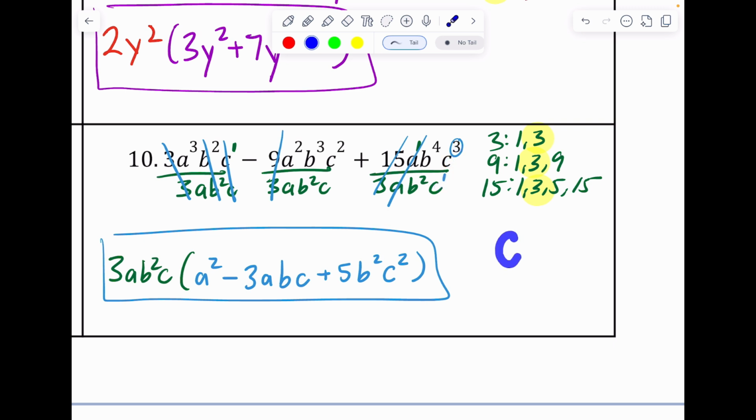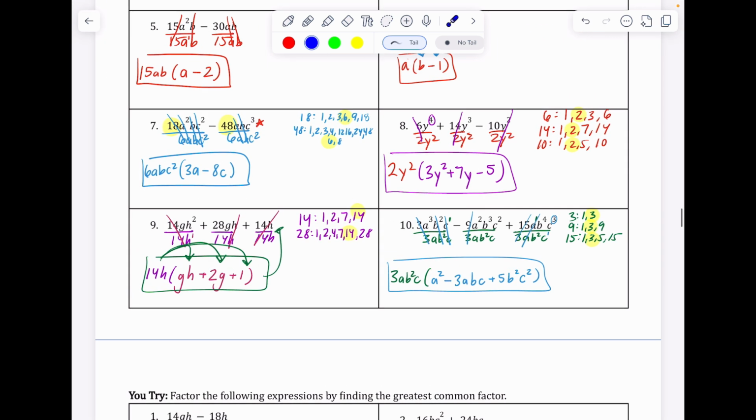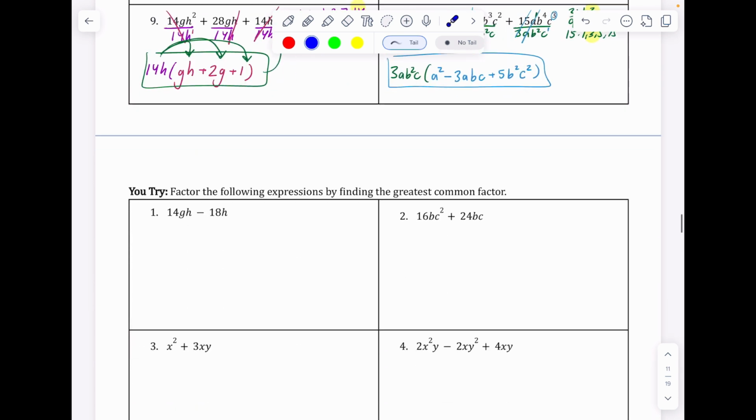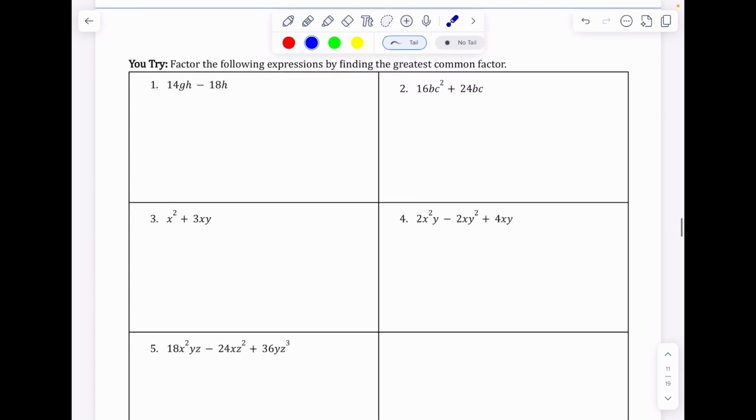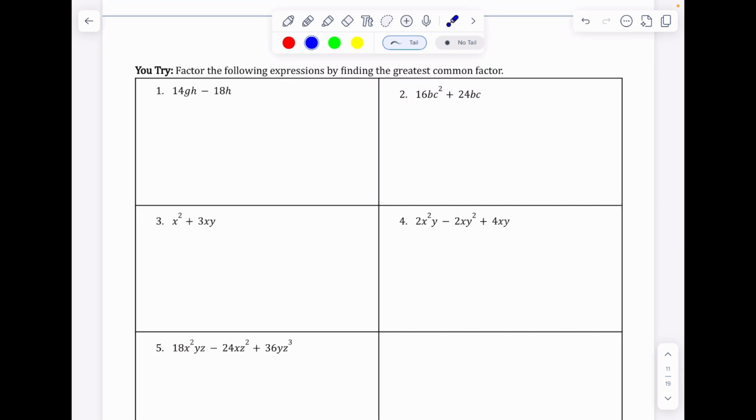Remember, we learned that our quotient rule tells us to subtract our exponents. So that is how I got c squared. Okay, so c squared minus 1, this right here, gives me that c. Okay, if that helps. And then these ones you're going to try on your own, and then go ahead and type in your answer to your Edpuzzle.